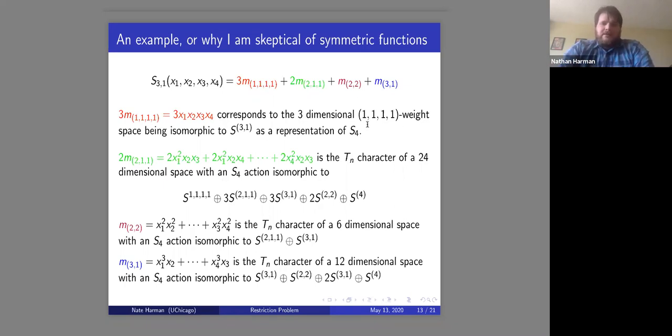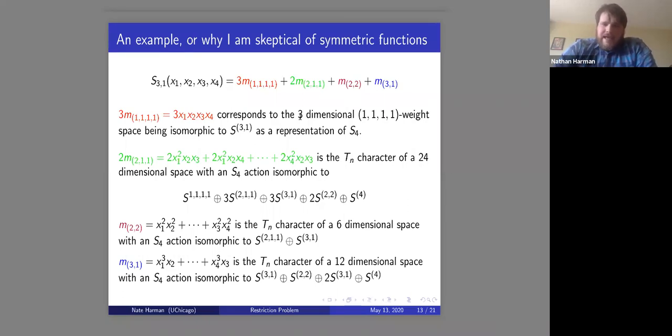All of the information about how S4 is acting on these weight spaces is not transparent when I just write it as a sum of monomials. So I wanted to understand what these representations that appear in these generalized weight spaces, these sums of weight spaces over an Sn orbit, look like, and hopefully get that to solve the problem.